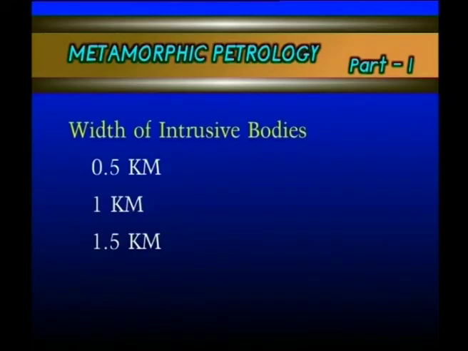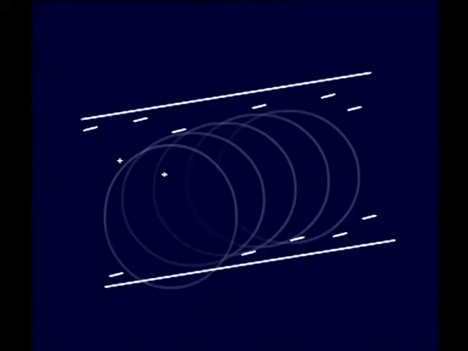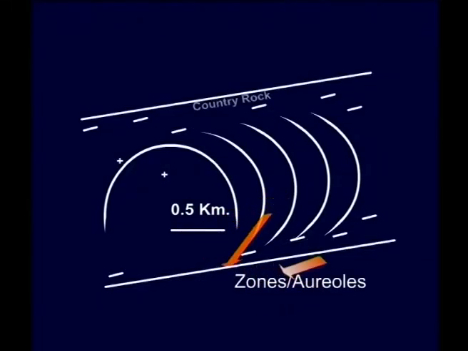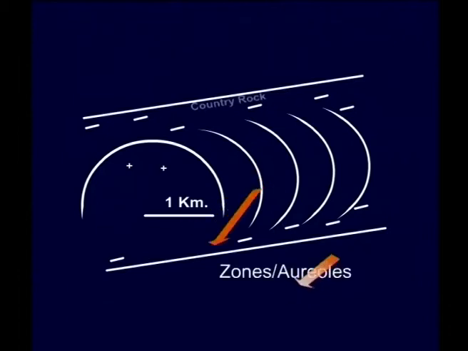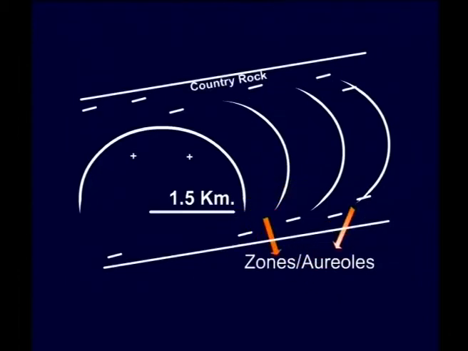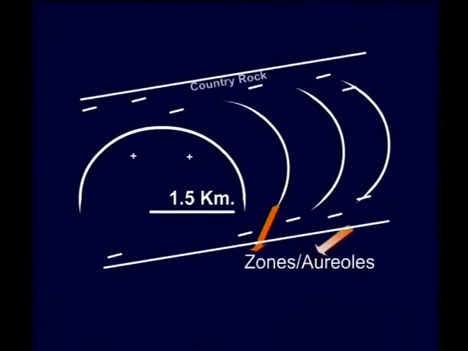Now look at the screen and see the width of the intrusive body, for example nearly 0.5 kilometer, 1 kilometer, 1.5 kilometers. If these are the variations in intrusive bodies, what will be the effect on metamorphism of thermal category?